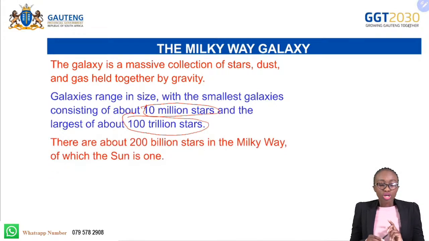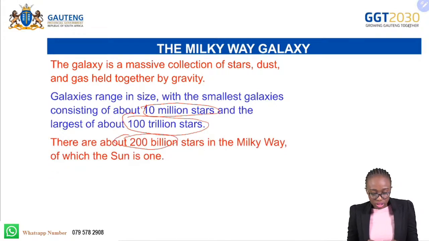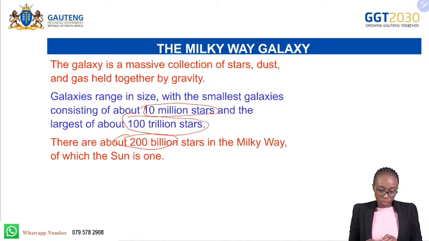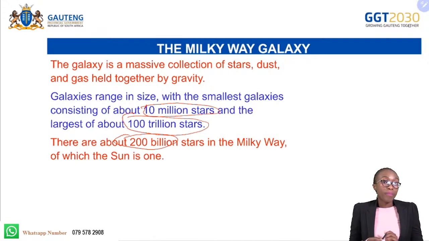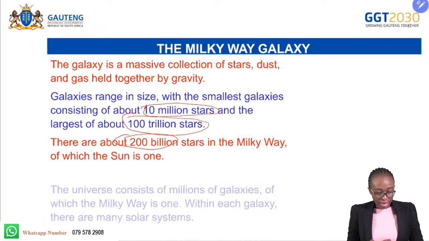There are about 200 billion stars in the Milky Way, and the sun is one of them. Remember, last week we learned that the sun is a medium-sized star made up of burning gases. So the sun is one of the stars found in the Milky Way galaxy.